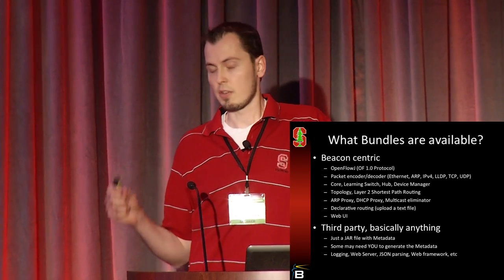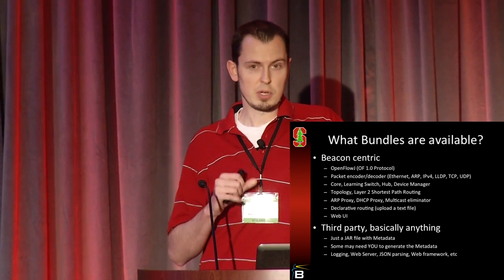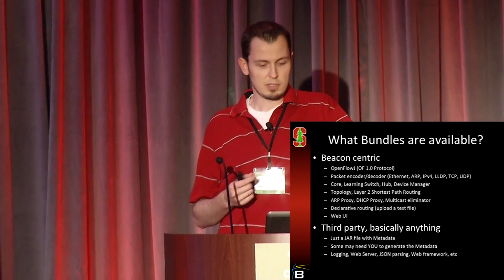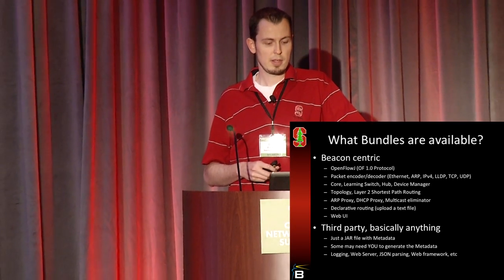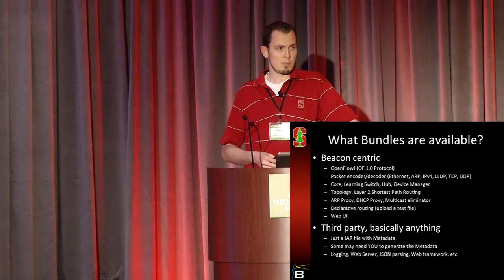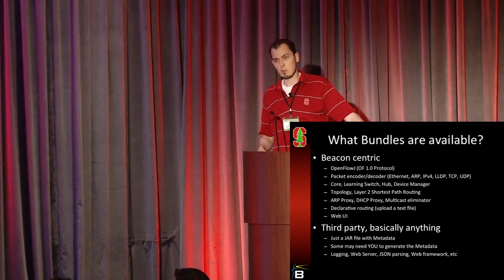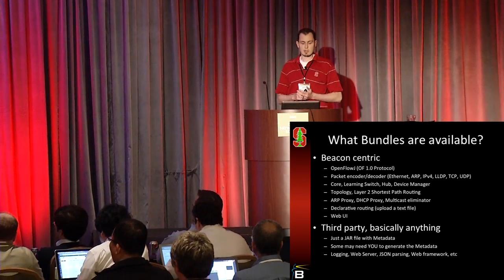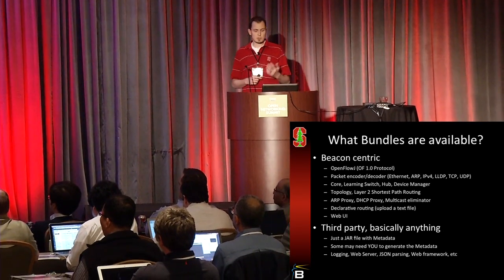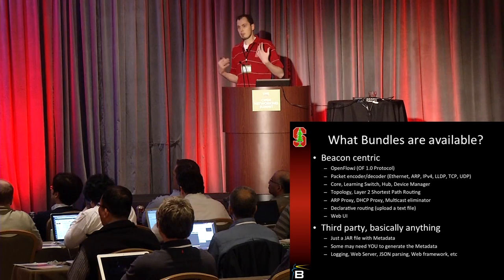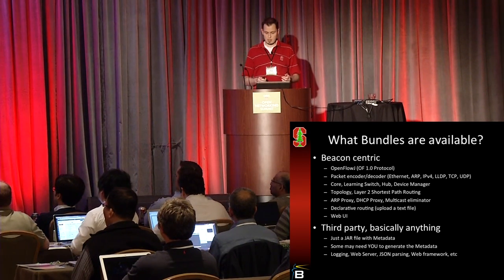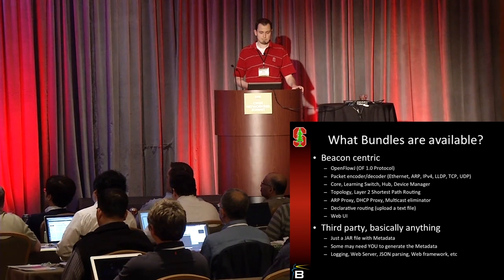Topology tracks links between OpenFlow switches and presents that to anyone interested. We have layer 2 shortest path routing, and then some more modules that I've used in my research to eliminate multicast. So we needed some proxies to do that, and then like the web UI. Those are the built-in bundles, but you can bring your own bundle to Beacon or create your own pretty easily. They're just a jar with metadata, and I'll talk more about that in just a second.